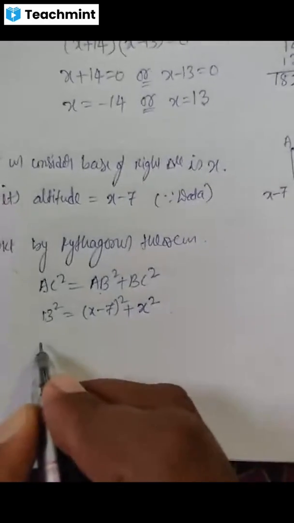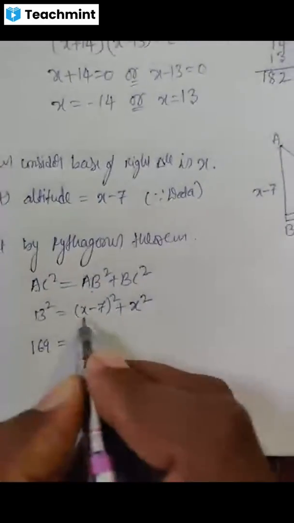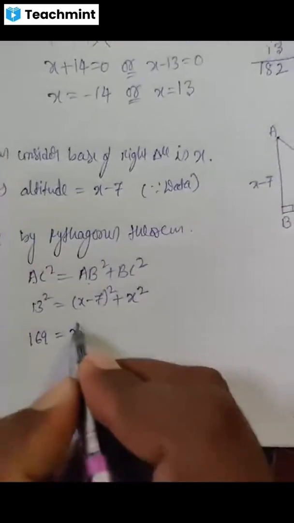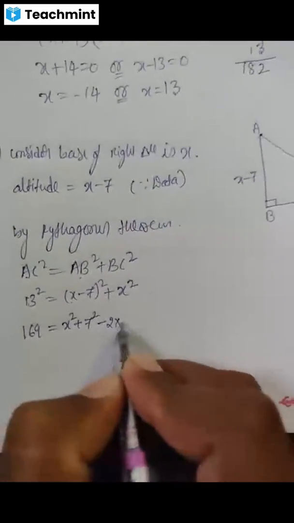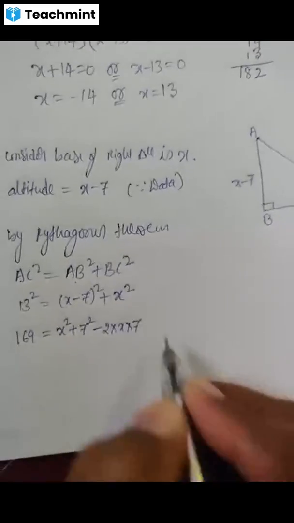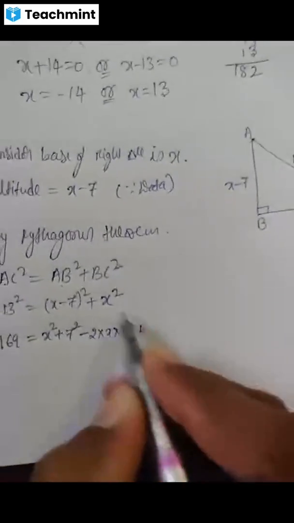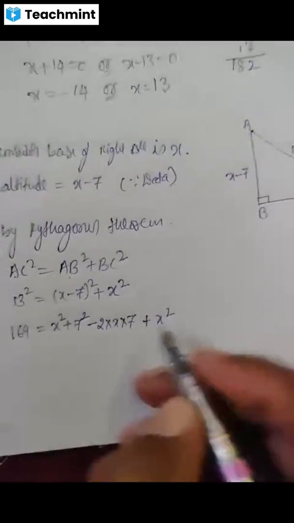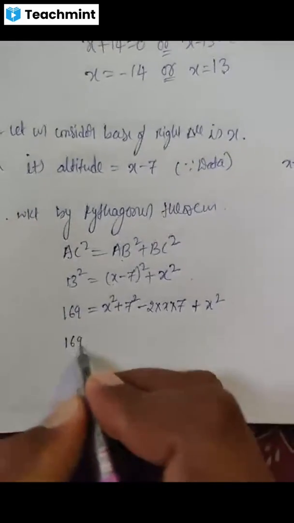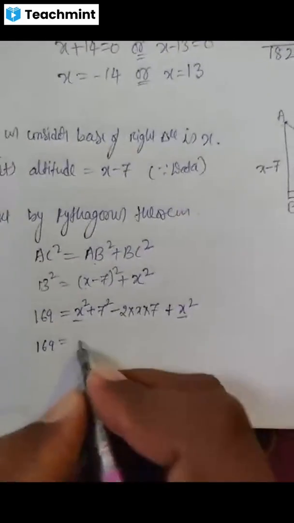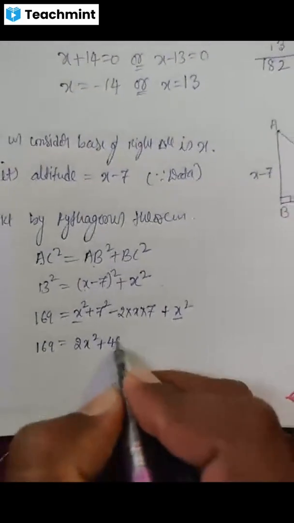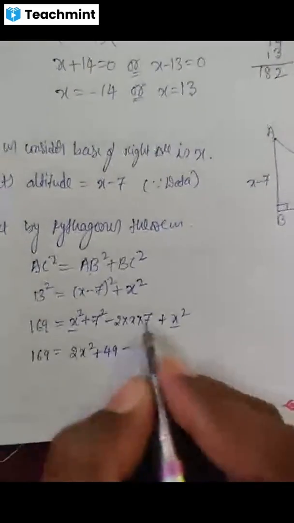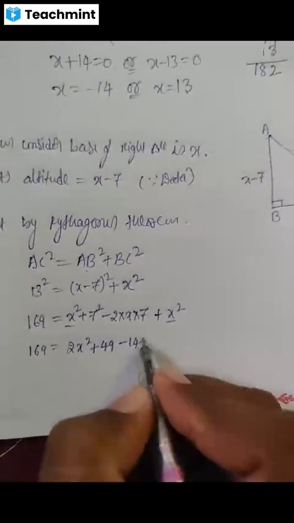BC is x square. So 13 square is 169, equal to the formula (a minus b) whole square, a square plus b square minus 2 into a into b. Plus x square keep as it is. So 169 equals x square plus x square is 2x square, plus 7 square is 49, minus 2 into 7 is 14 into x.